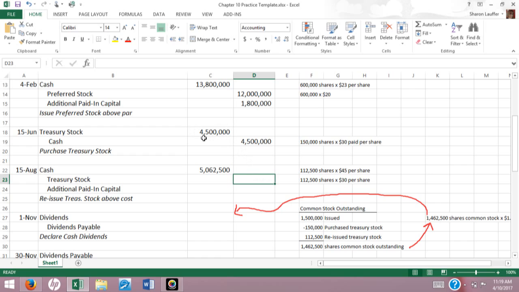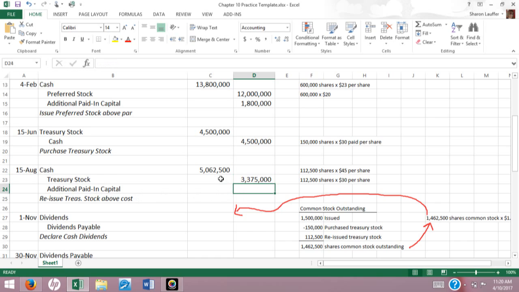If you remember, when we put these treasury stock in that account, we recorded those at $30 a share, which is what we bought those shares for. So to take them out of that account, we're going to take them out at $30 a share. They went in at $30, they're going to come out at $30. So it's 112,500 shares at $30 per share, which is how much we purchased those for. And that amount is $3,375,000.